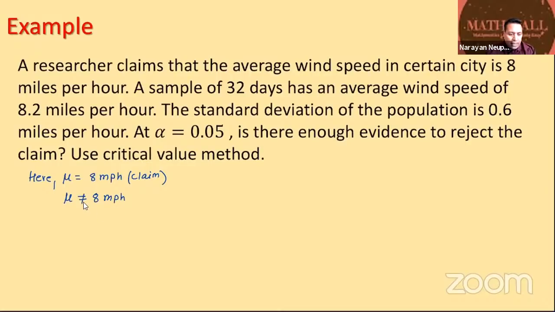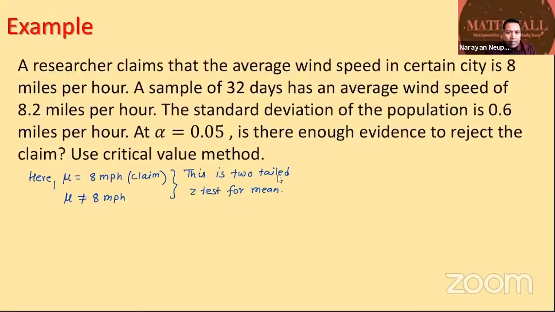Now, when you look at this, there is a not equal to sign here, meaning this is a two-tailed test. And also the population standard deviation is given, so it must be a two-tailed Z test. This is a two-tailed Z test for mean.